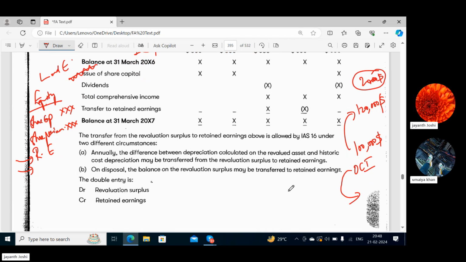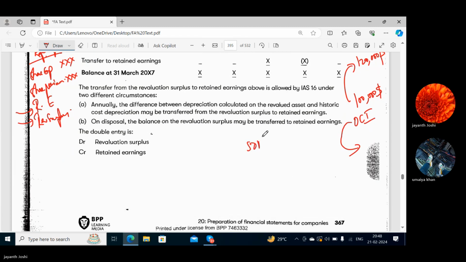See what happens, equity has two things, one is retained earnings, one is revaluation surplus. In retained earnings, you will be transferring current year profits. So you will be making the SOPL, starting with revenue. You will be deducting all the expenses. Finally you get net profit here.